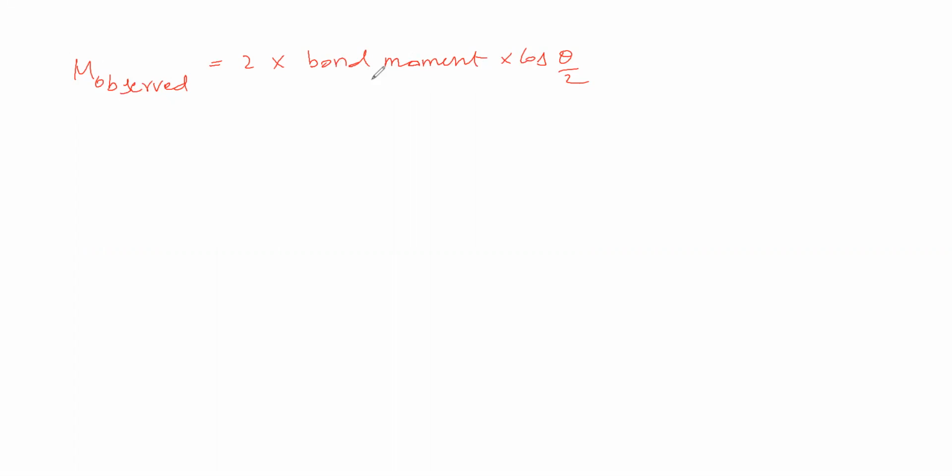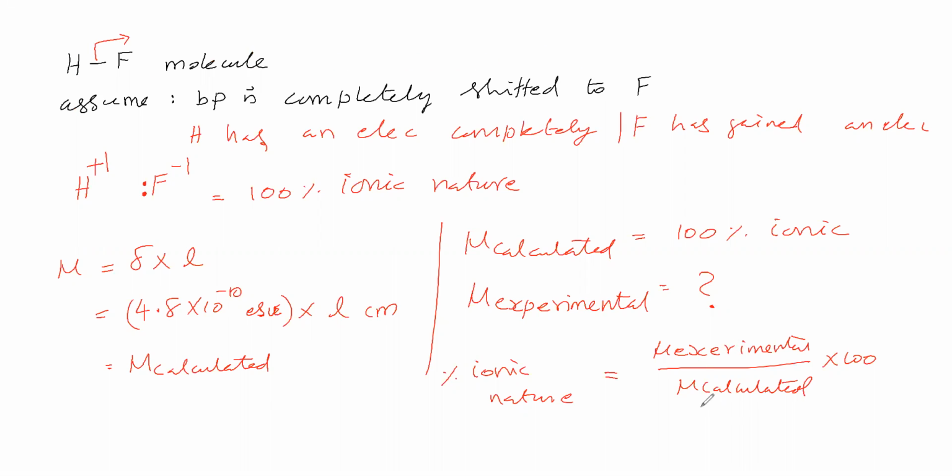If the dipole moment of a bond and the bond angle are known, we can find the experimental dipole moment and substitute it here. The calculated dipole moment is found by assuming 100% ionic nature, and from that we can find the percentage of ionic nature.